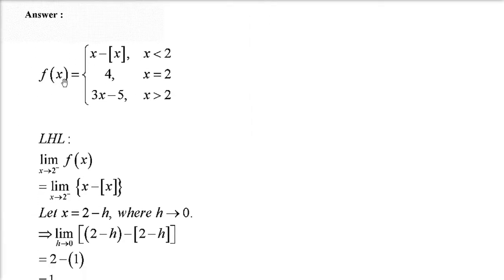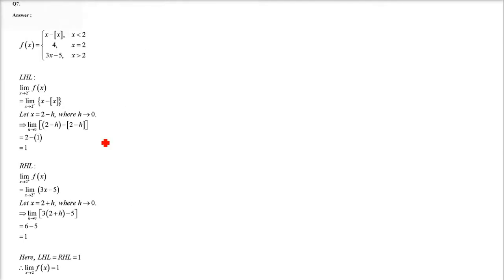First, f(x) equals x minus, this is not mod, this is the greatest integer function, so we have a square bracket, of x, if x is less than 2, and it is 4 if x equals 2, and 3x minus 5 if x is greater than 2. So here we have to evaluate the limit as x tends to 2.